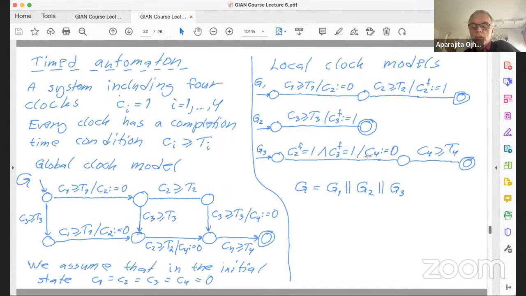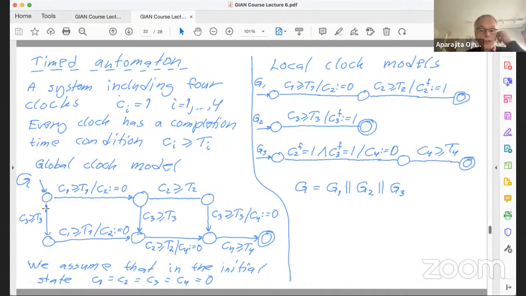And then you reset the fourth clock and start the operation, go into this state. And then when C4 has passed T4, then you are done, because then all are in the final marked states. So this is a modular description of saying the same for this.